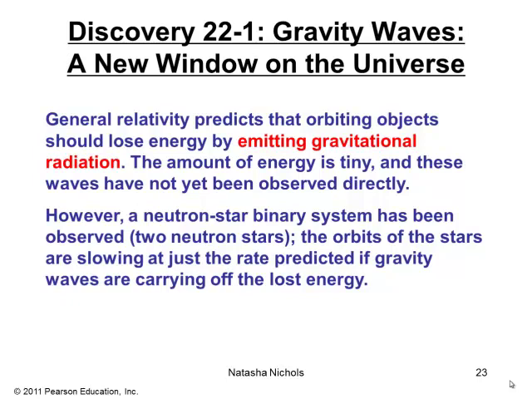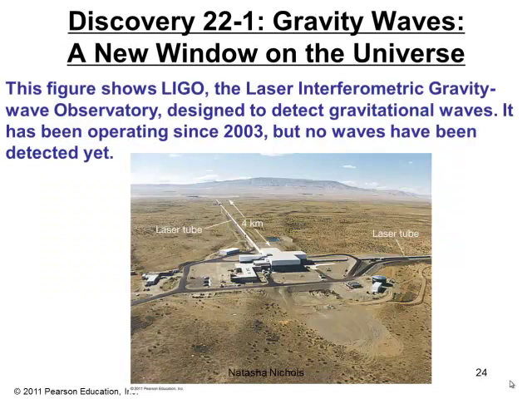The orbits of the stars are slowing at just the rate predicted if gravity waves were carrying off the lost energy. So we built LIGO, the Laser Interferometric Gravity Wave Observatory designed to detect gravitational waves. It has been operating since 2003, but no waves have been detected yet.